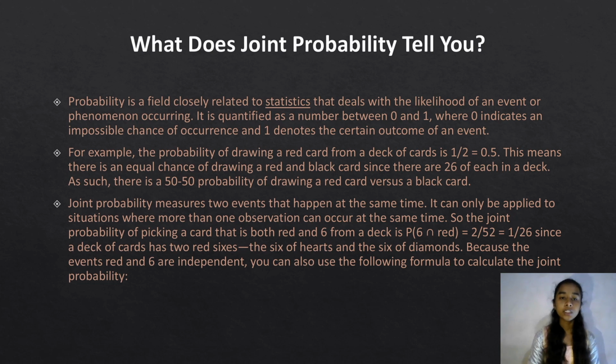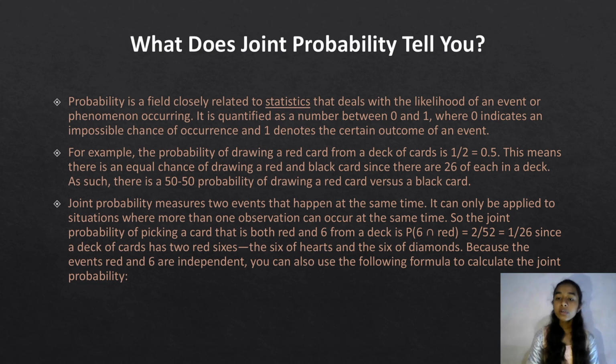For example, the probability of drawing a red card from a deck of cards is 1 by 2, that is 0.5. This means there is an equal chance of drawing a red card and a black card, since there are 26 of each in a deck, such that there is a 50-50 probability of drawing a red card versus a black card. Joint probability measures two events that happen at the same time.